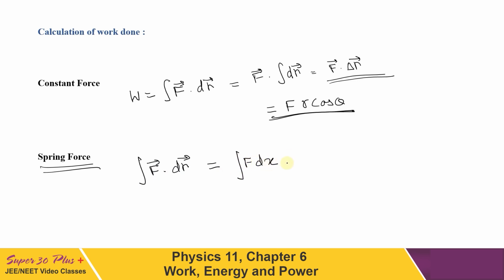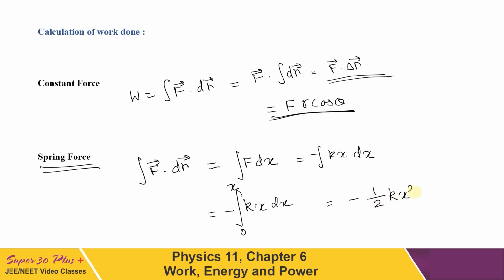Now one minus sign has to be put here because F, we know, is equal to minus kx. So it will be equal to minus kx dx. If we integrate it, because F will keep on changing, minus kx dx within the limits when extension is 0 to some extension, let's say x, that will give you minus half kx square.